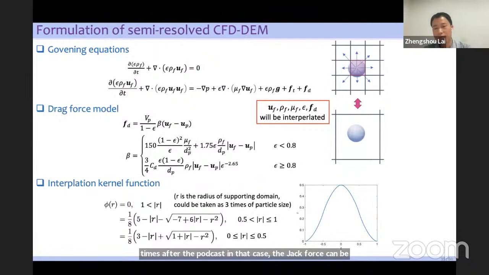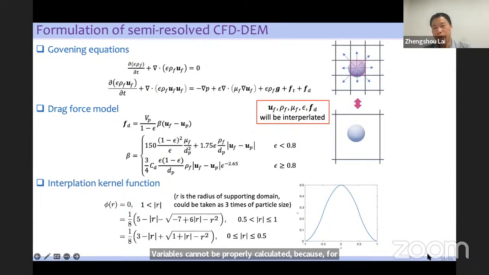And for the case where our mesh resolution is very close to the size of the particles, we cannot use the unresolved CFD-DEM because the porosity and also the velocity variables cannot be properly calculated, as shown in this figure.